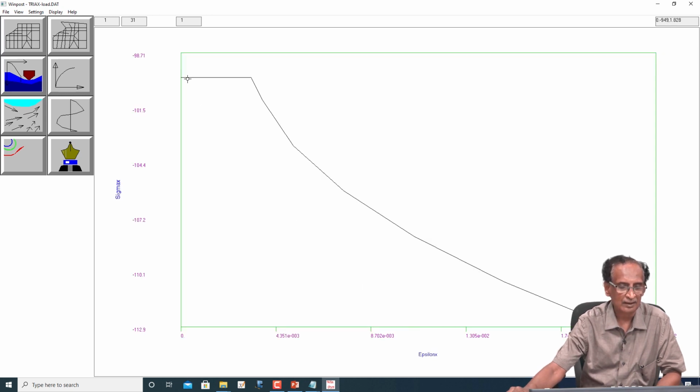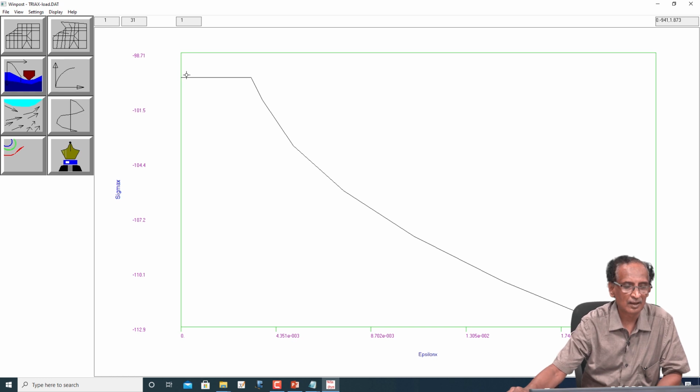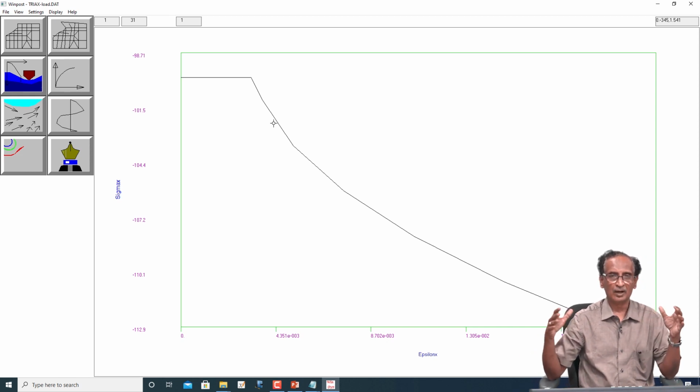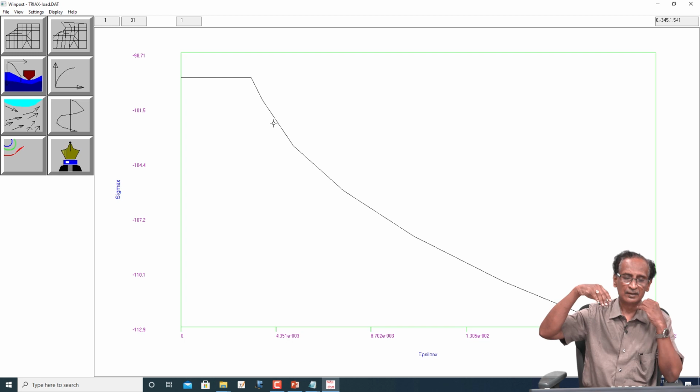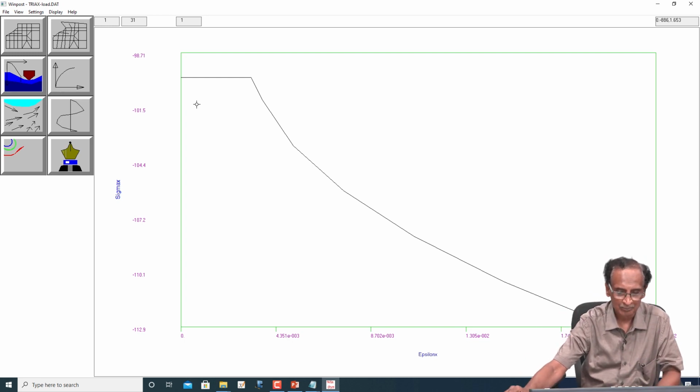Initially the sigma x was exactly 100 up to some stage, and beyond that the confining pressure goes on increasing because your vertical stress is increasing. The strain achieved initially is small because you are in the elastic limit, then in the plastic limit the strains have increased a lot.